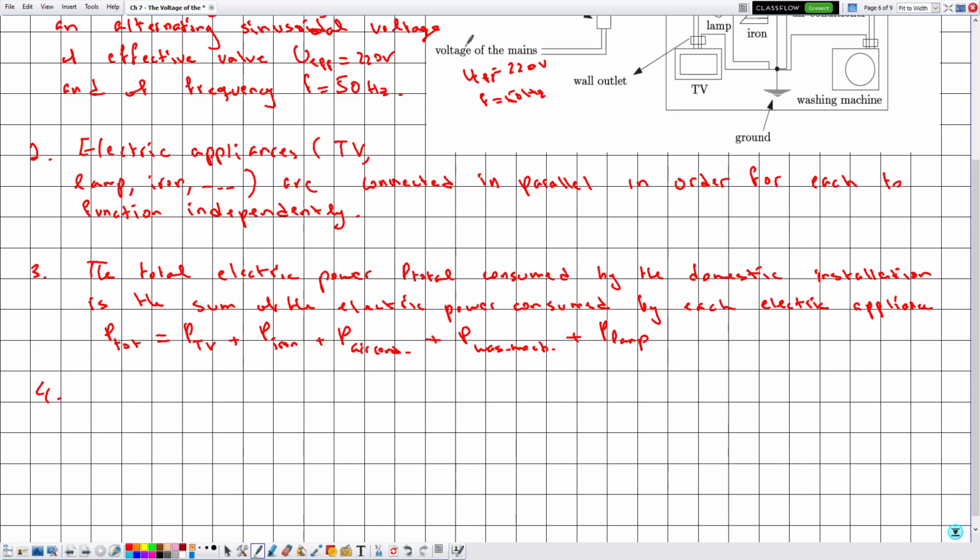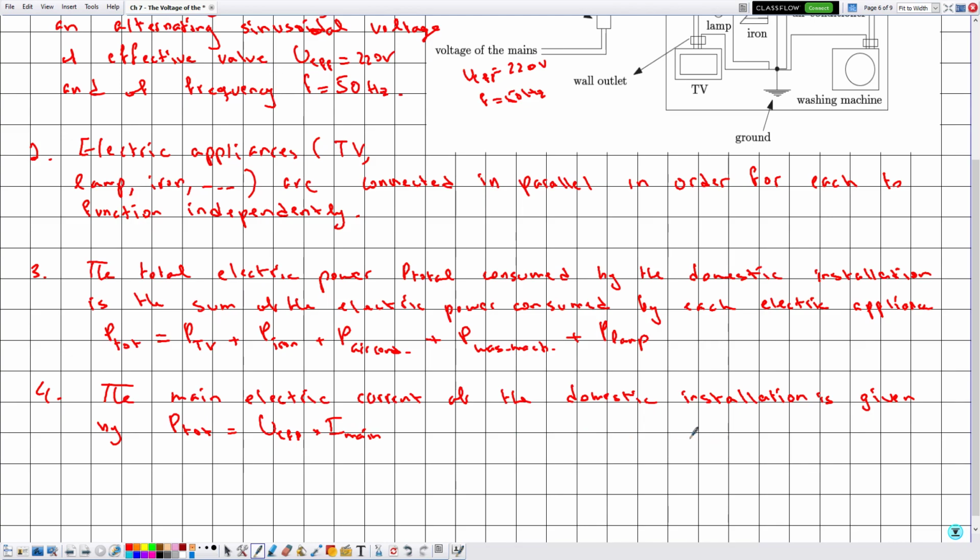Knowing the value of P total and knowing the effective voltage, one can determine the value of the main electric current of the domestic installation, given by P total equals U effective multiplied by I main.